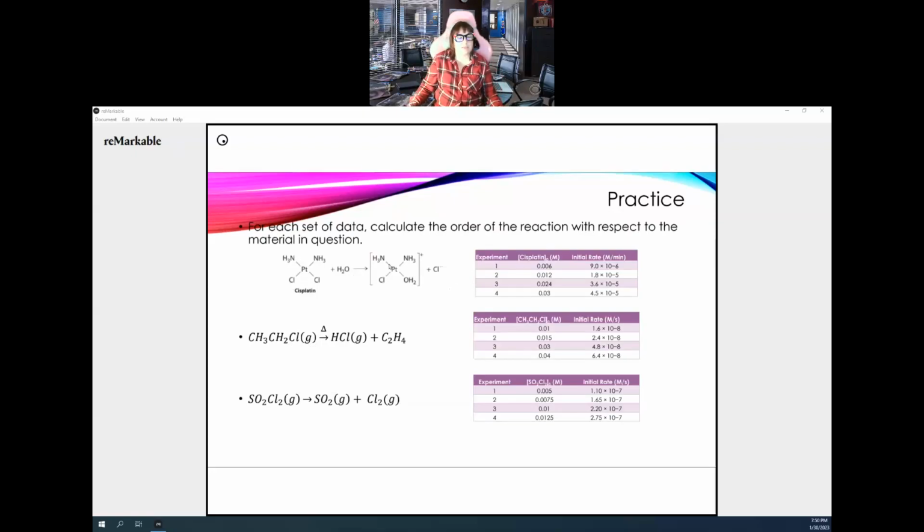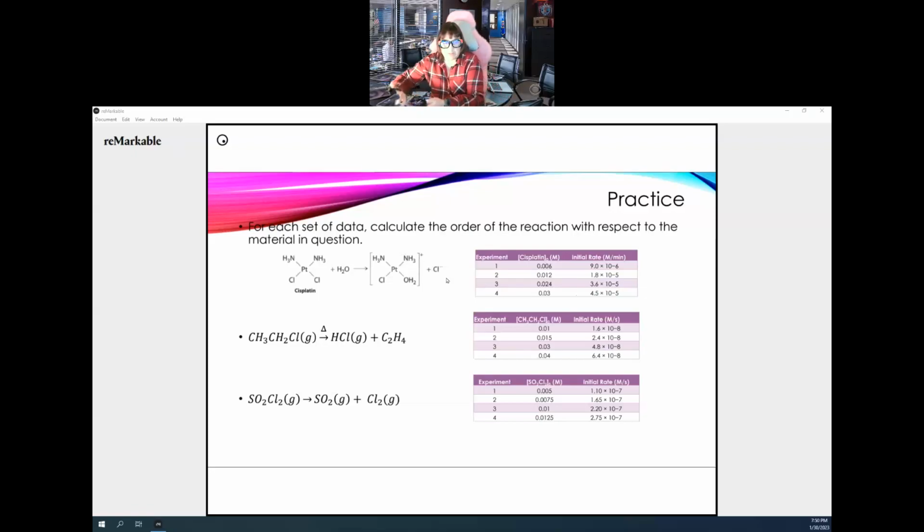I've given you 3 reactions here and some data for each of them. We're going to determine what the order is with respect to each of these concentrations that we're looking at. In this first experiment, cisplatin reacts with H2O to give us this complex product, which is an ion. We're going to look at what happens when we change that concentration.